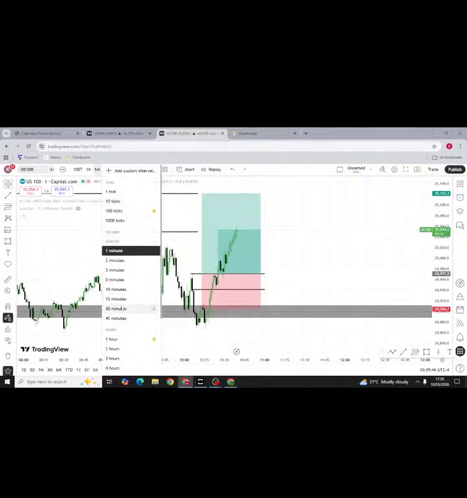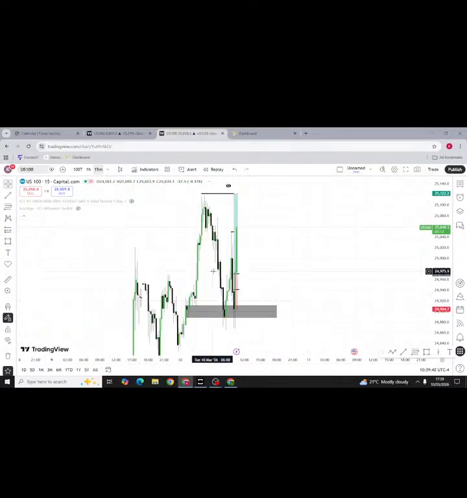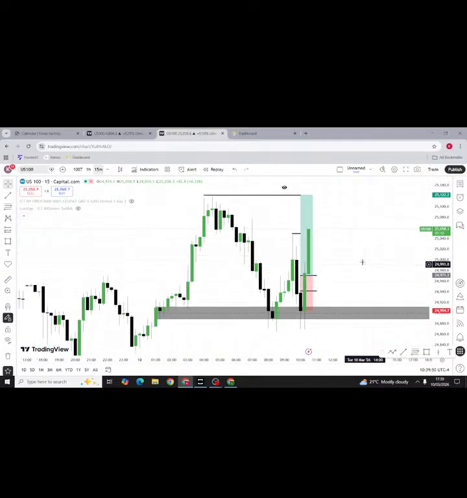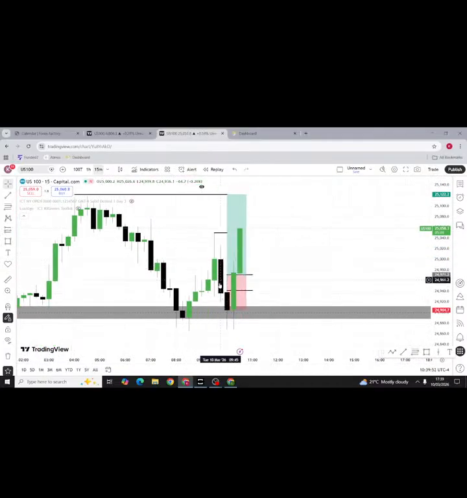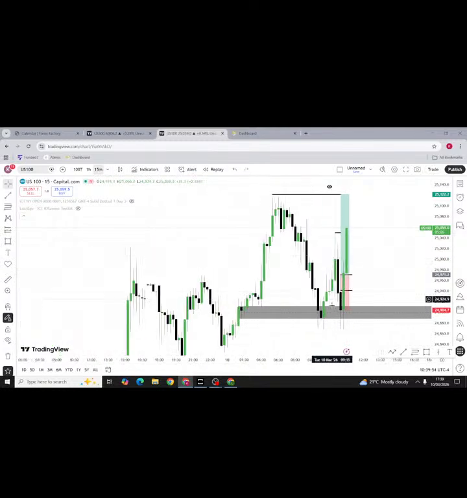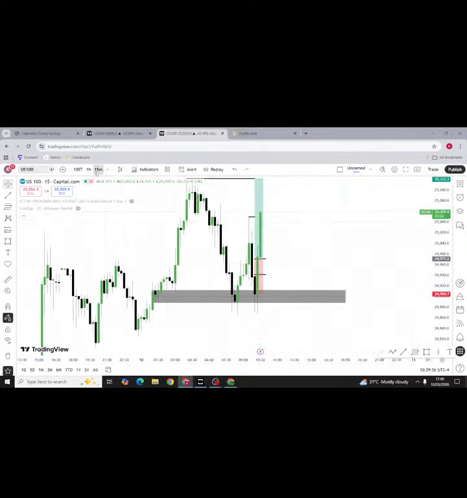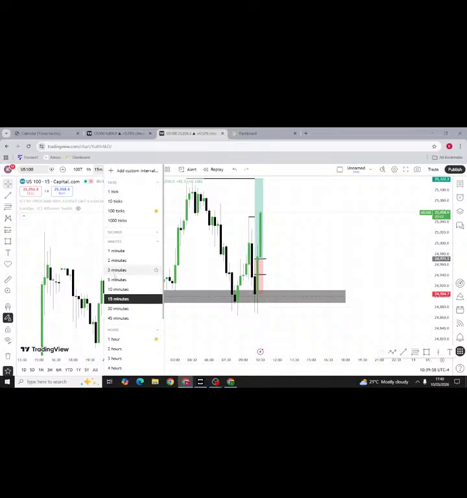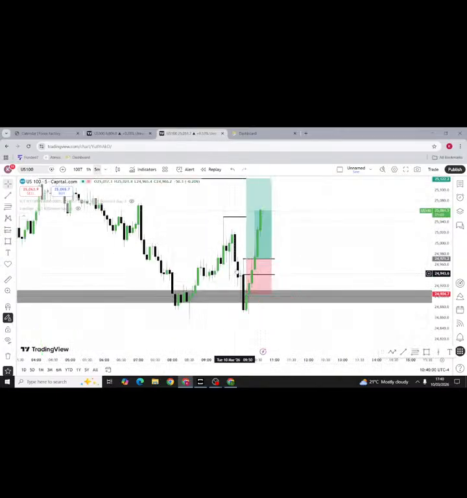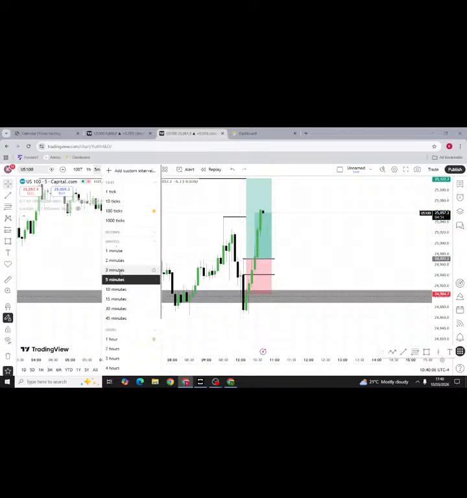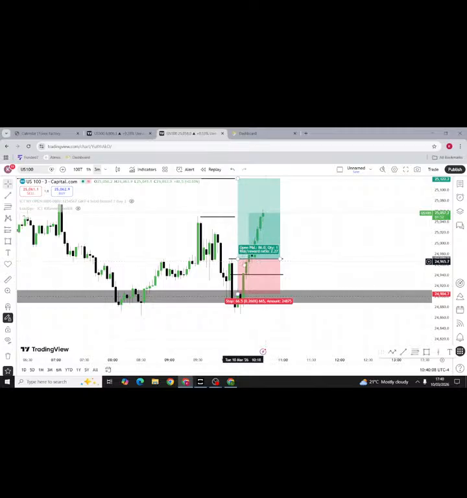You can see how price reacted off the area that we've marked, these two. It was the 5 minute, not the 15. We marked this area, then dropped into the 3-minute time frame, and we wanted it to react, and true to our words, it came back to those two lines, then started going up.